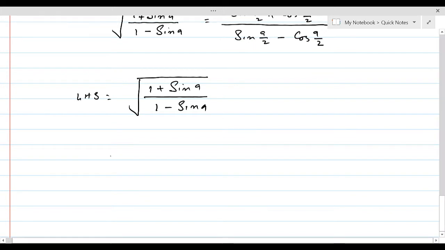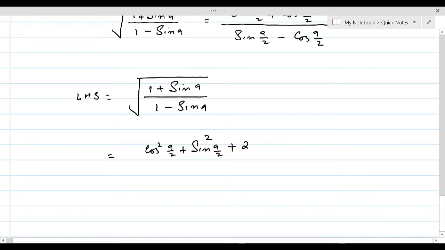Therefore, what is coming into my mind is that I should replace 1 by cos square A by 2 plus sin square A by 2, because that's the Pythagorean identity and it's always equal to 1. And then plus sin A, I should apply the half angle formula.